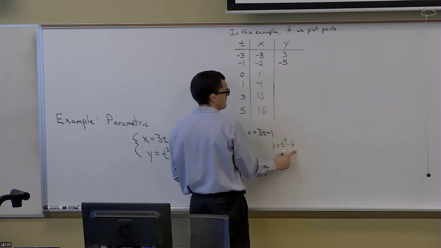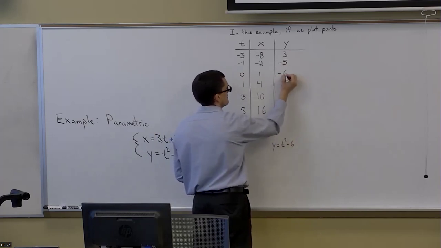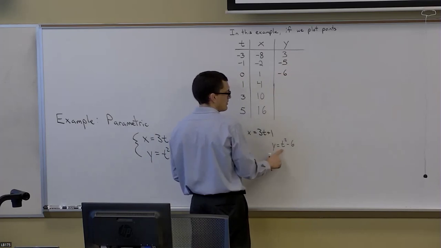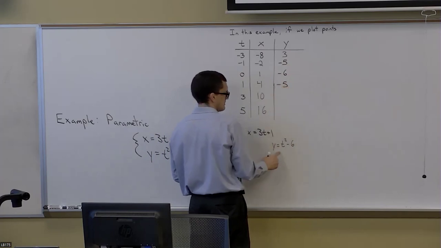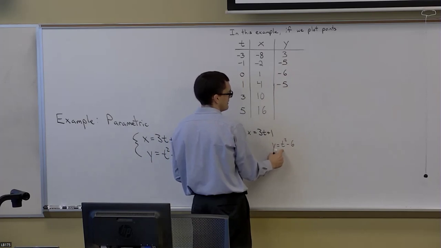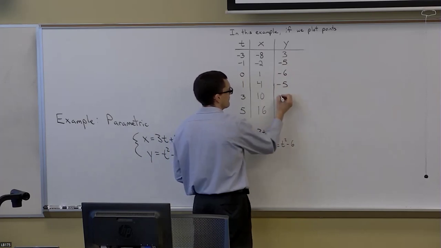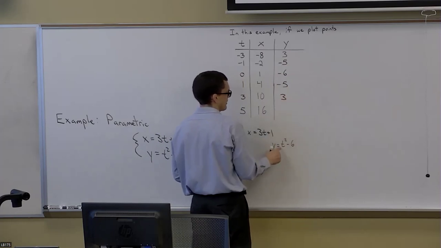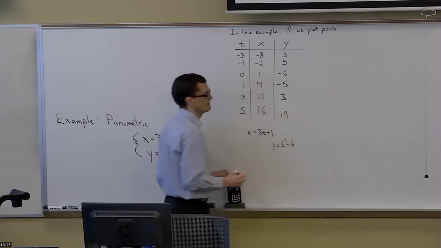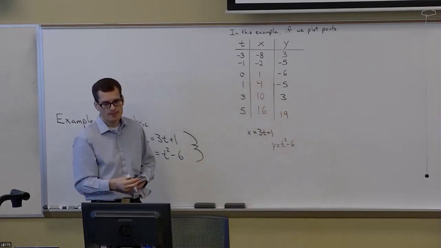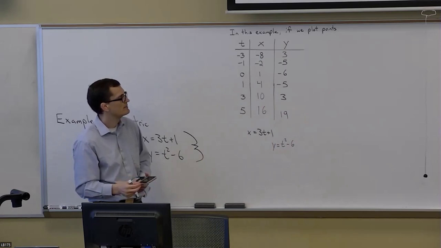If I plug in a 0 into that, you get a -6. If I plug in a 1, I get a -5 again. If I plug in a 3, I get 3 squared minus 6 is a positive 3 again. If I plug in a 5, I get 5 squared minus 6. That's 19, I believe. I'm not sure on that, but okay.